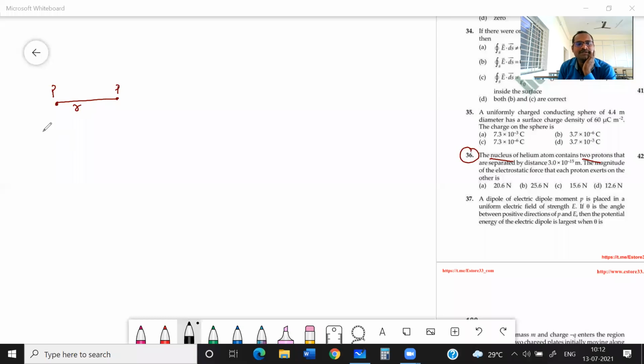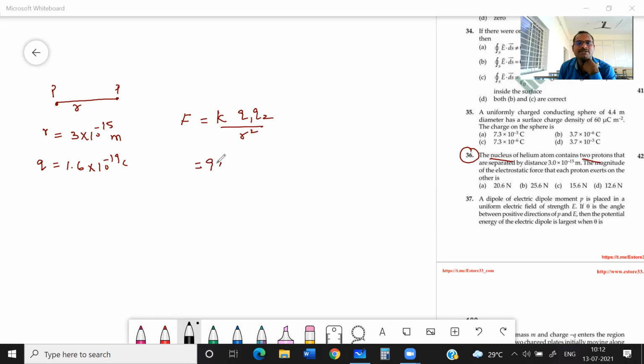These two are separated by a distance of 3 into 10 to the power of minus 15 meters. As we know, the charge of a proton is equal to 1.6 into 10 to the power of minus 19 coulomb. Now, what will be the force between them? We can write F is equal to K Q1 Q2 by R square. This is the formula.